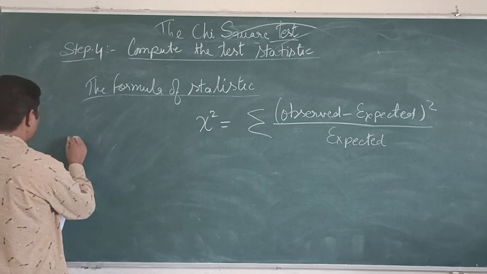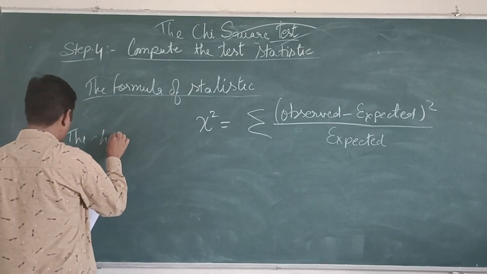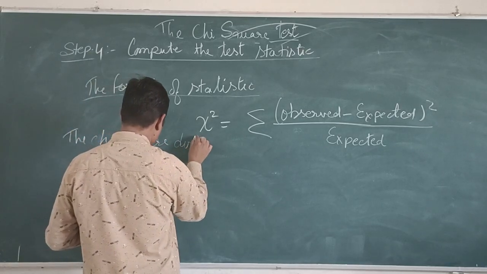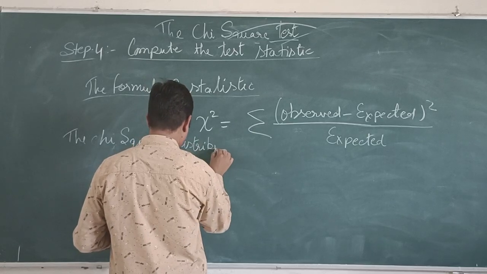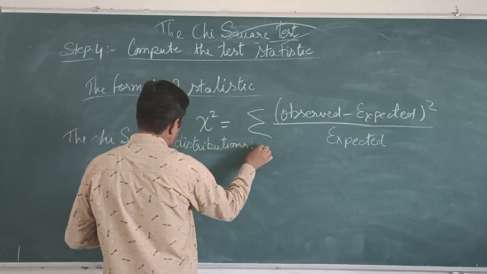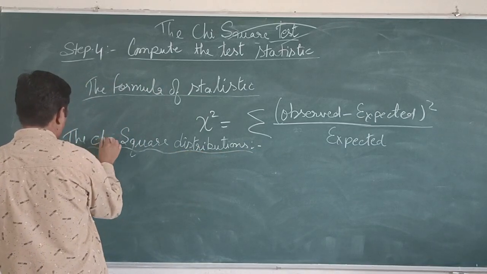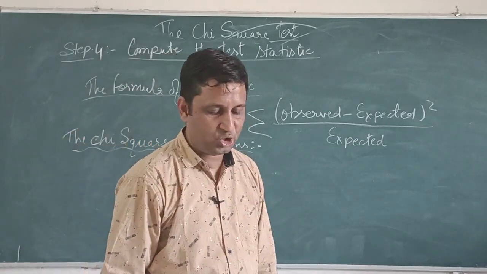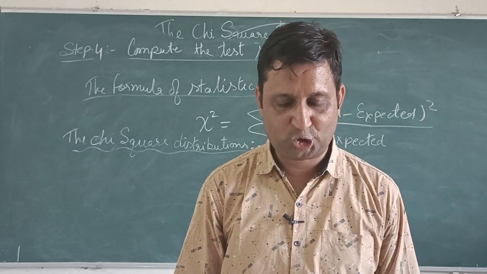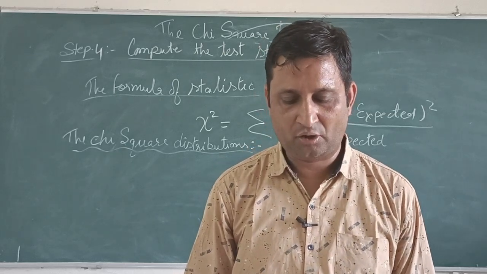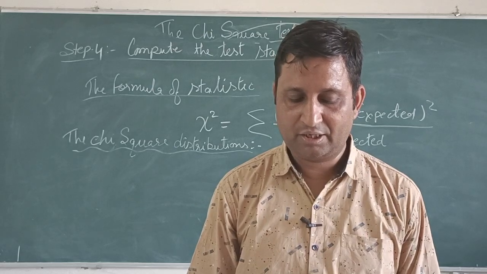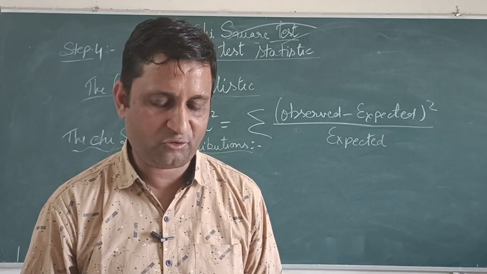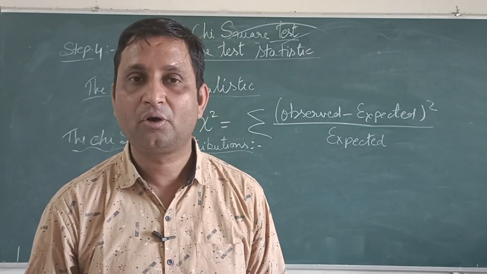Next one is the chi-square distribution. The chi-square distributions are a family of distributions that take only positive values and are skewed to the right. A particular chi-square distribution is specified by giving its degrees of freedom.